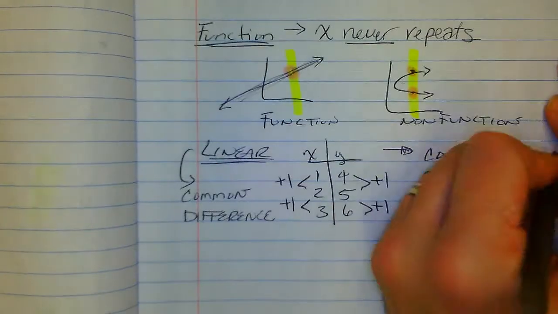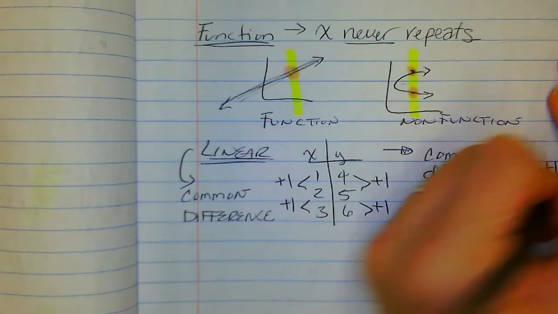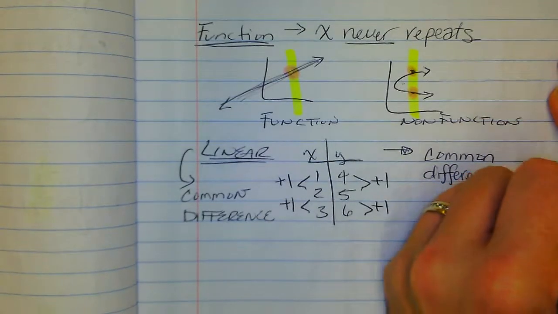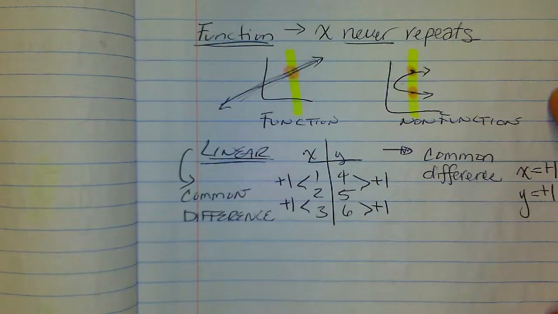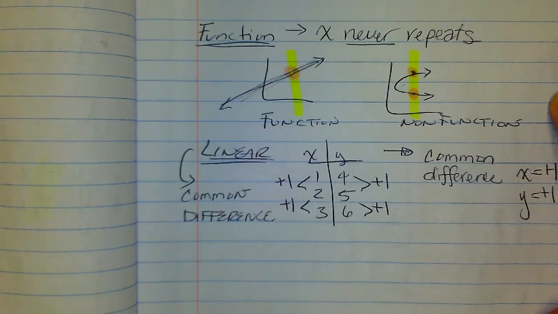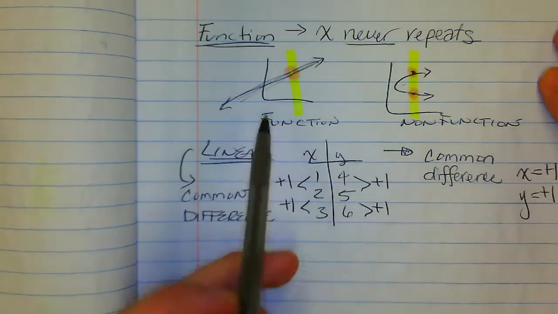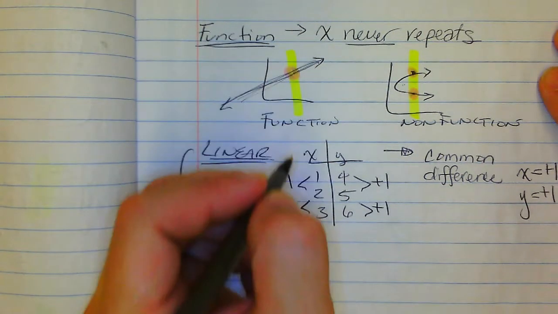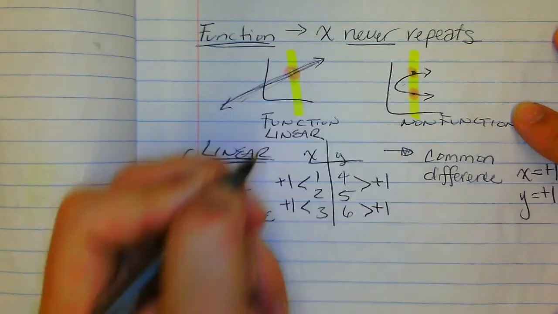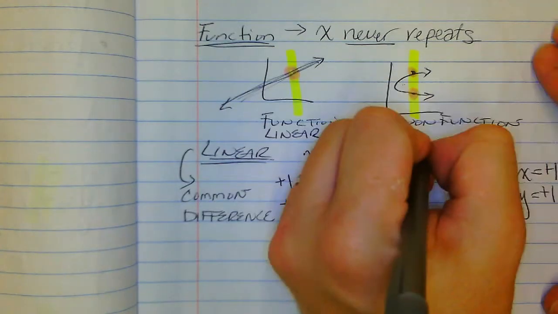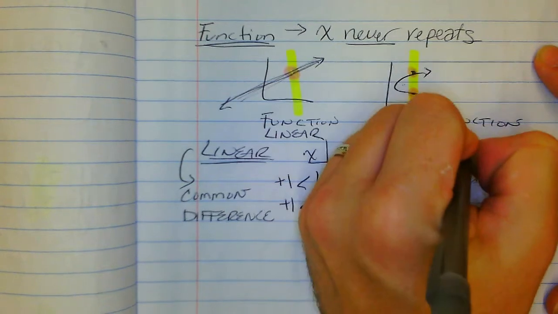So the common difference in x is plus 1, and in y is plus 1. So for sure this is linear. All right, so I'm also going to label this one. I can say that this is linear, and this one is non-linear.